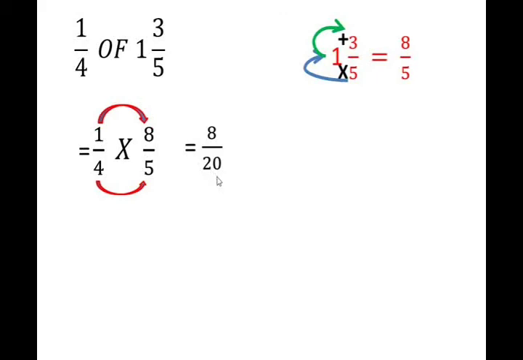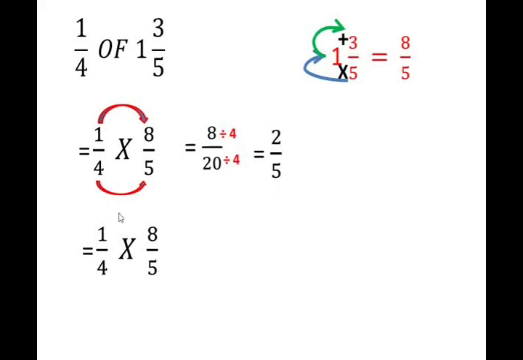Do you notice that there is a number that both the numerator and the denominator can be divided by? And that number is 2 or 4. Now remember what I said, you can divide by 2, but then you will have to divide by 2 again. So you can just simply divide one time by 4, because both these numbers can be divided by 4. 8 divided by 4 is 2 and 20 divided by 4 is 5. So your answer is 2/5.